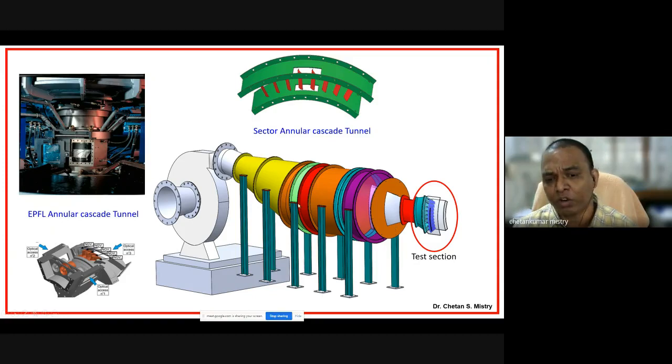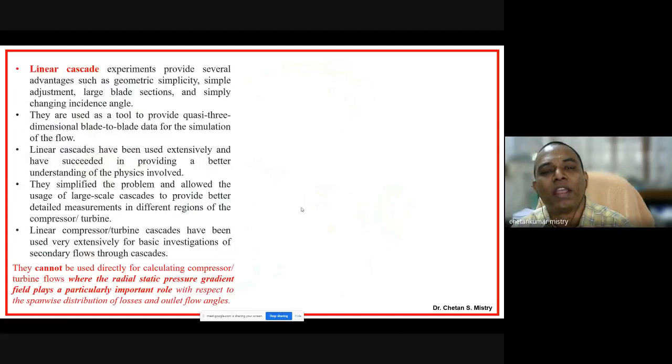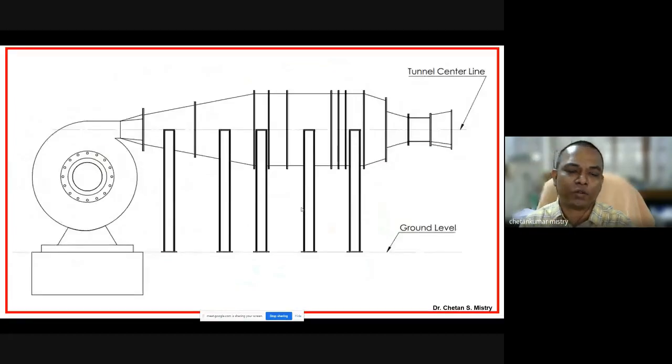So this is a facility that we have developed here. This is a first time in India. It's a unique facility that has been developed at IIT Kharagpur. I'll be talking about the use of CFD this time. Let me go here. So this is what you can see.